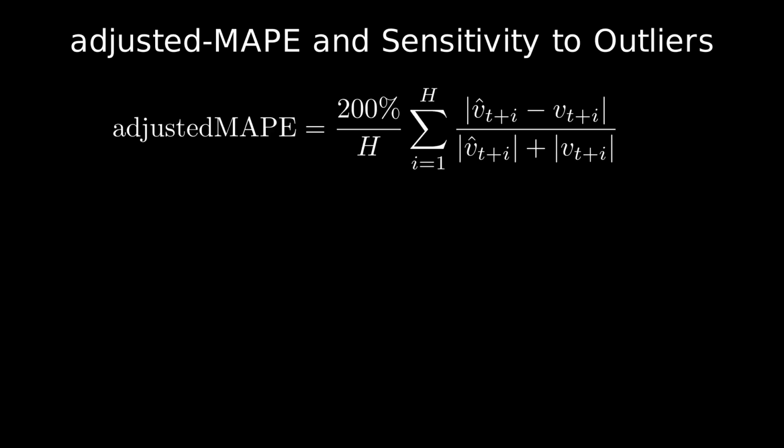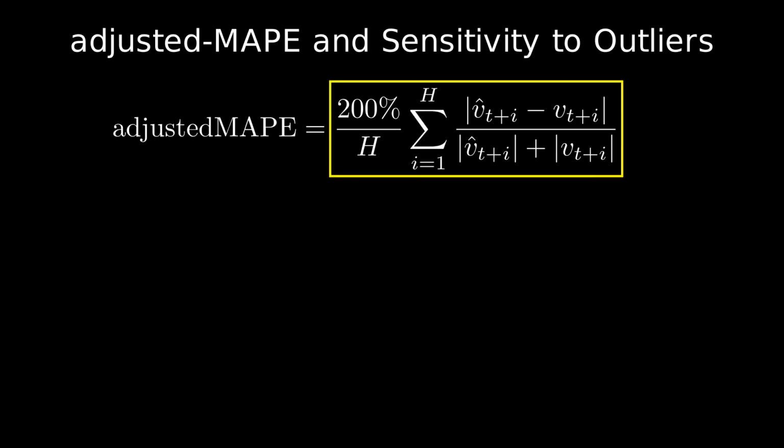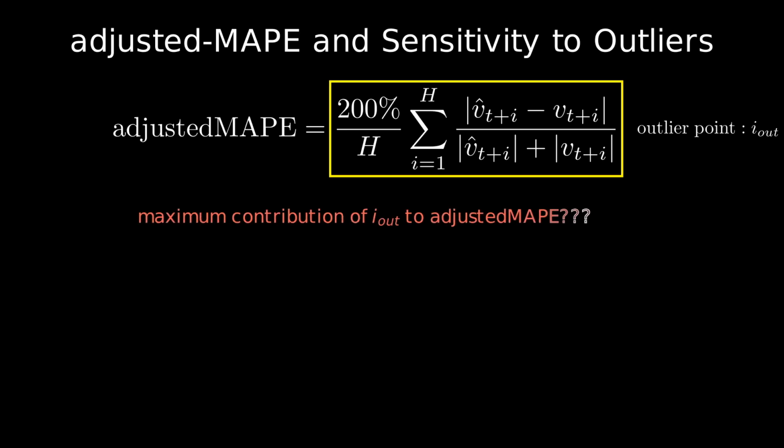To further investigate the sensitivity of adjusted MAPE to outliers, let's look at its equation one more time. Let's imagine that we have a single outlier point and denoted with I sub out. The question that we are interested in is, what is the maximum amount that a single outlier point can contribute to the overall error?